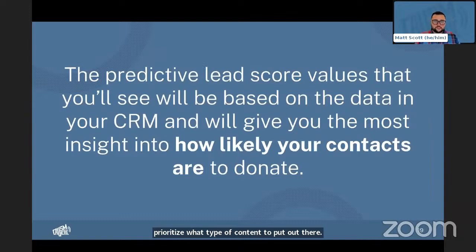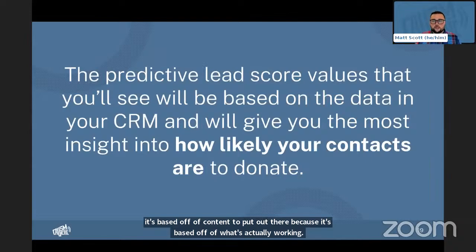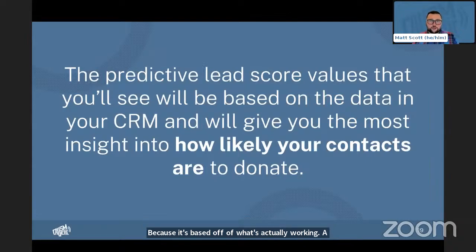A good example of this is maybe your marketing team is considering whether or not you should feature a beneficiary in your email campaign. Or maybe it's even thinking about something that takes more effort, like featuring a beneficiary in a video, right? That's going to take a lot of production time.